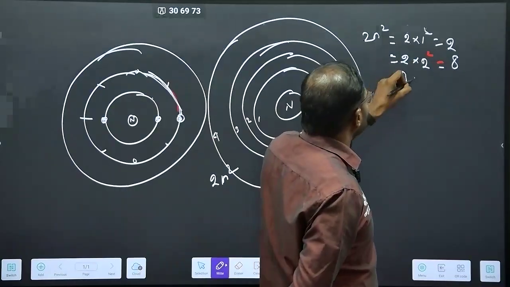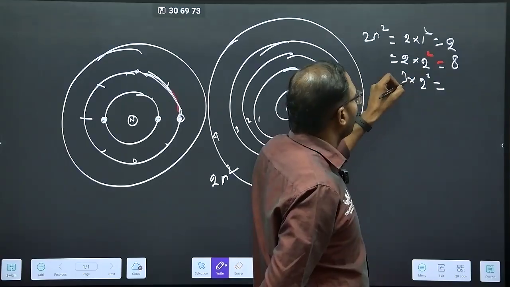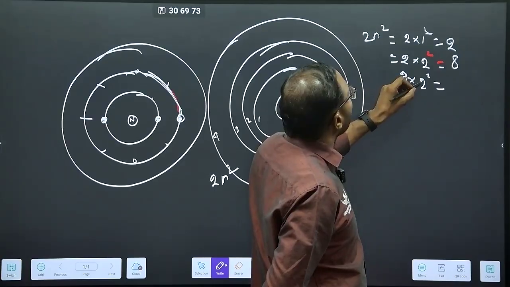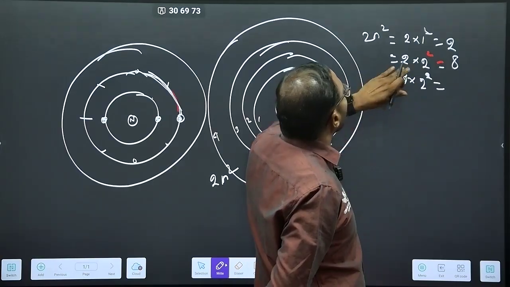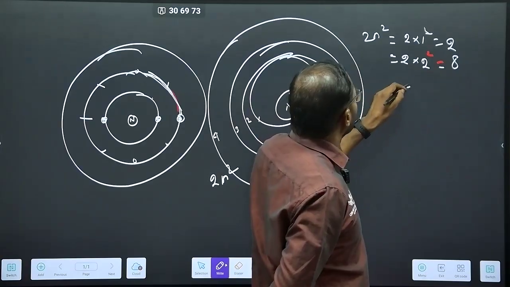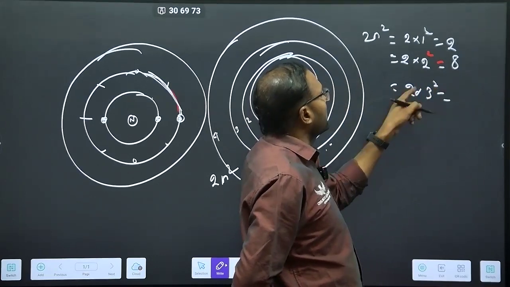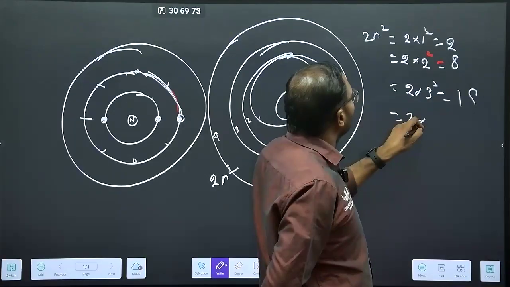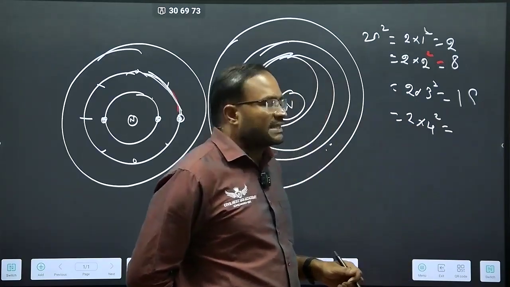And for the third, I simply misplaced the formula. So 2 into 3 square: 3 3s are 9, 9 into 2 is 18. Then 2 into 4 square: 4 4s are 16.